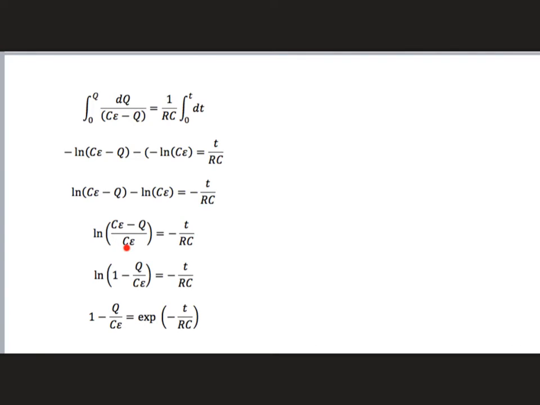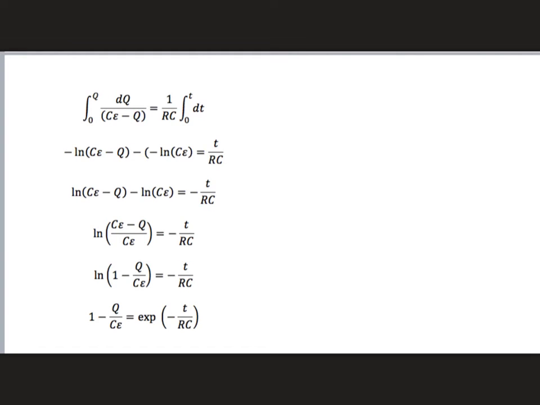CE divided by CE is simply 1, and qE divided by CE is q over C. So essentially what we've done here is the common denominator backwards. We went from having a common denominator to separating it out into individual fractions, where this is 1 minus q over CE. And of course, that is in the argument of the natural logarithm equal to minus t over RC.